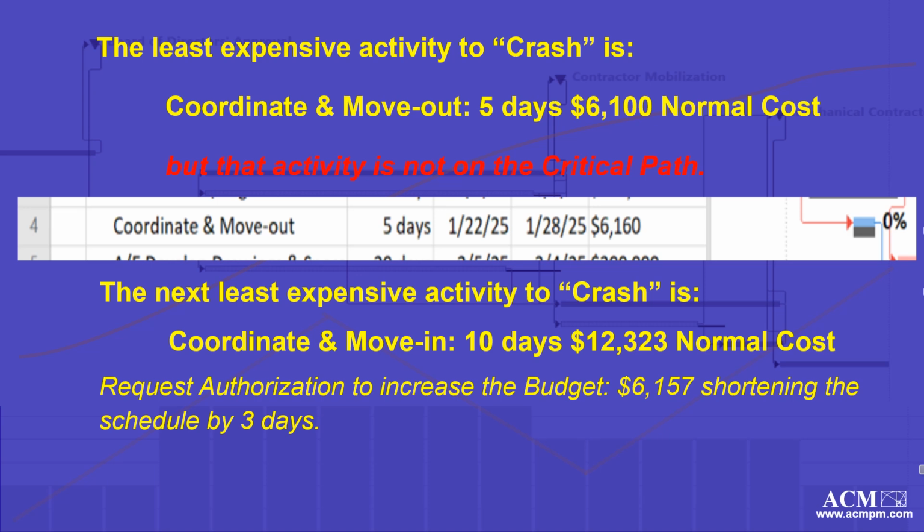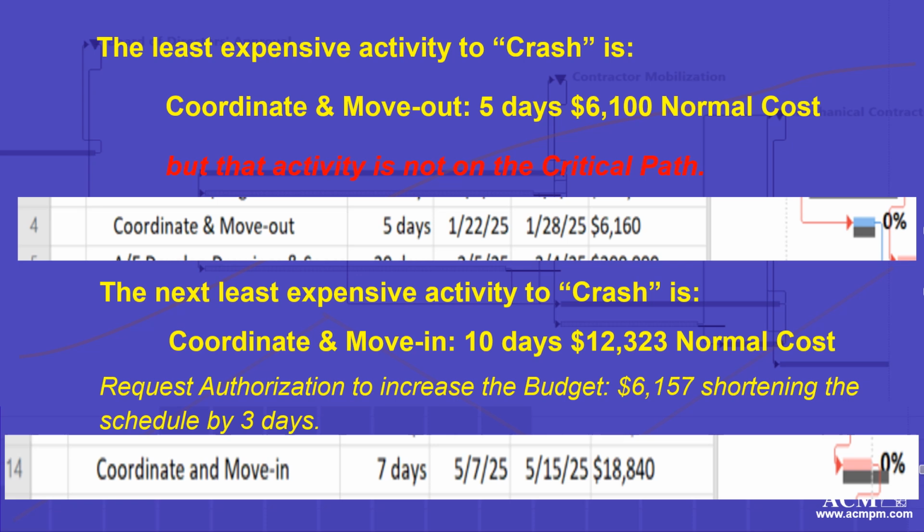The next least expensive activity to crash is activity 14, coordinate and move in. 10 days can be shortened to 7 days, increasing the normal cost of $12,000 upwards of $18,840.